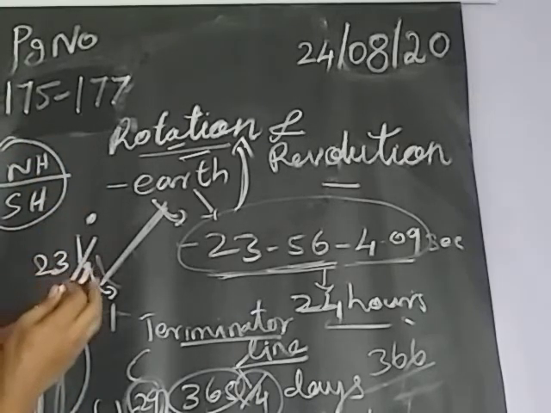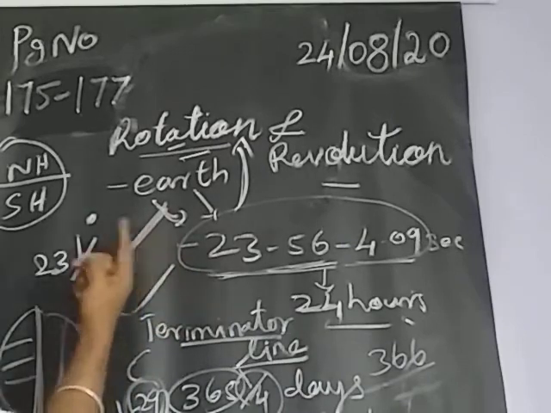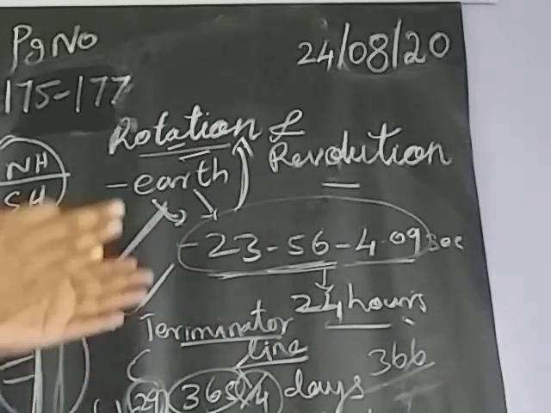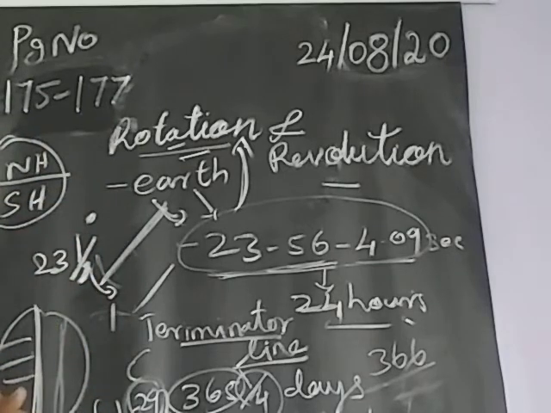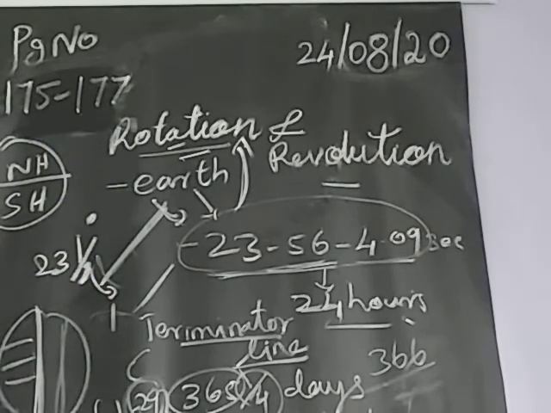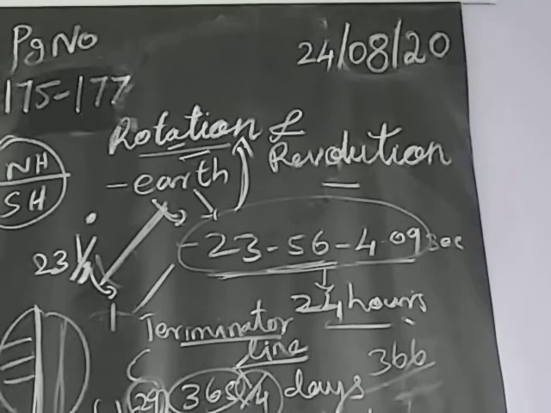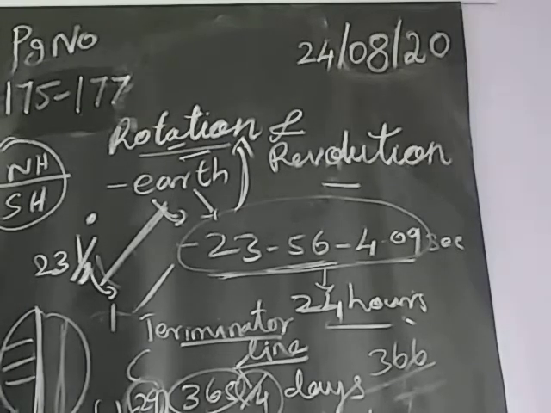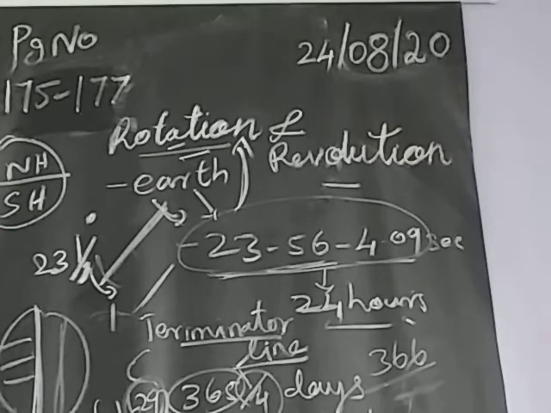Based on the axis, the northern hemisphere comes close to the Sun and the southern hemisphere is somewhat far away from the Sun during certain months. That is why the northern hemisphere is inclined towards the Sun from March to September.